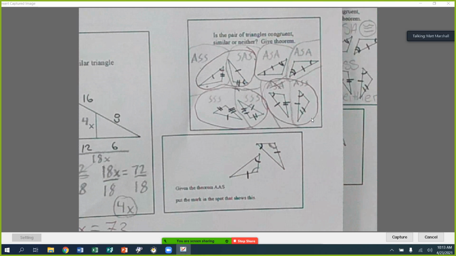Alright. For this one, what did you call this set? Third one? This one right here. What did you write? Or, I can't even see, it's so light. This is SAS.